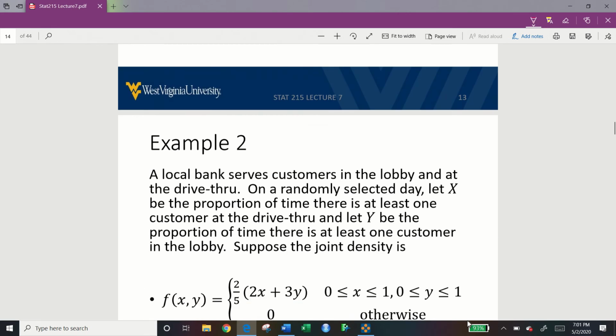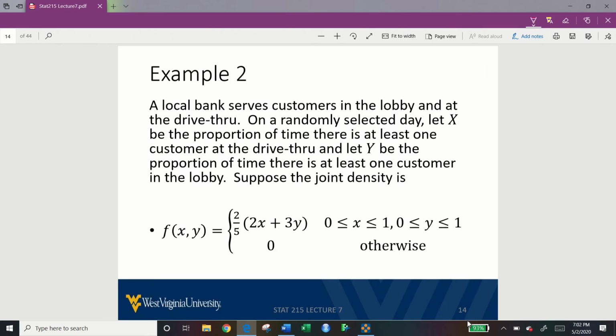Now let's take a look at an example. A local bank serves customers in the lobby and at the drive-thru. On a randomly selected day, let x be the proportion of time there is at least one customer at the drive-thru, and let y be the proportion of time there is at least one customer in the lobby.